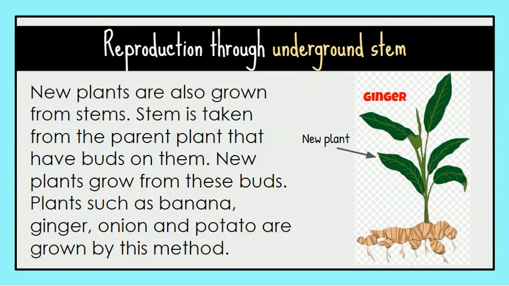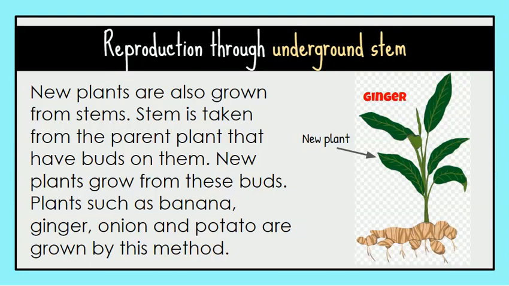New plants grow from these buds. There are plants like banana, ginger, onion and potato which are grown by this method. Here in this picture you can clearly see a new plant arising from the underground stem of a ginger.